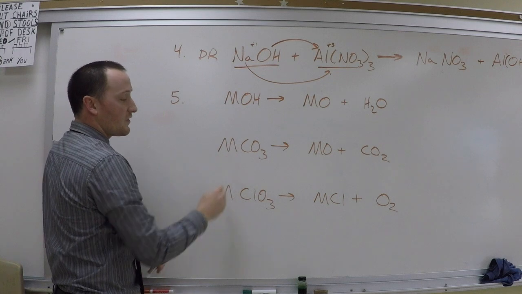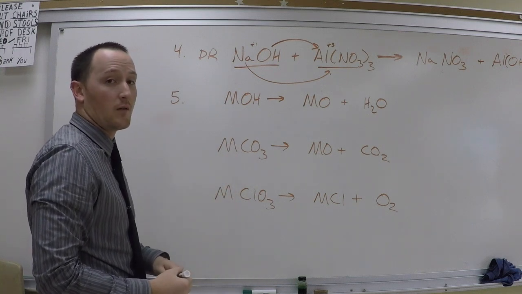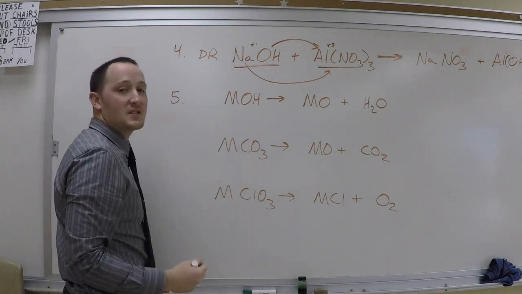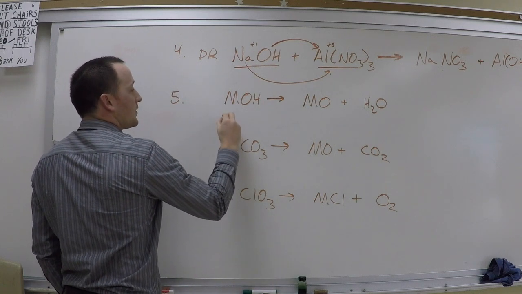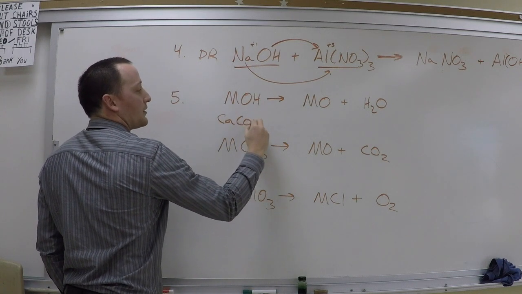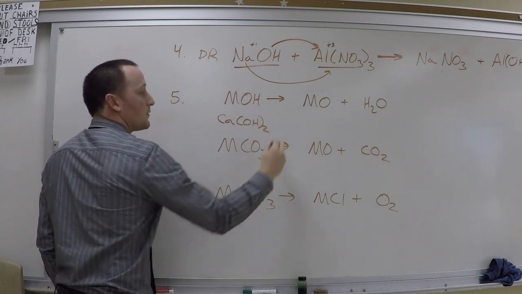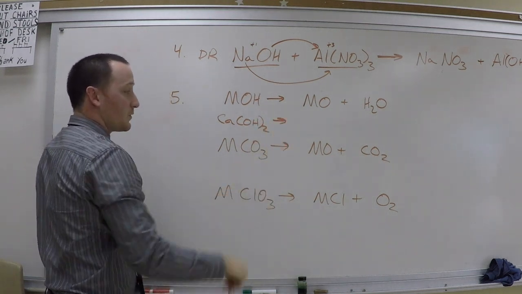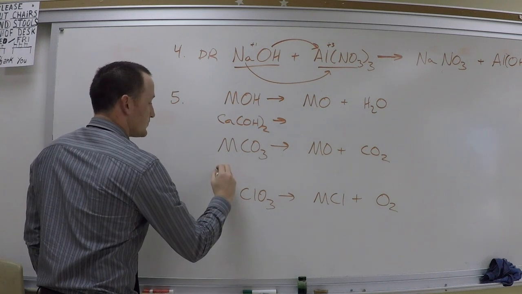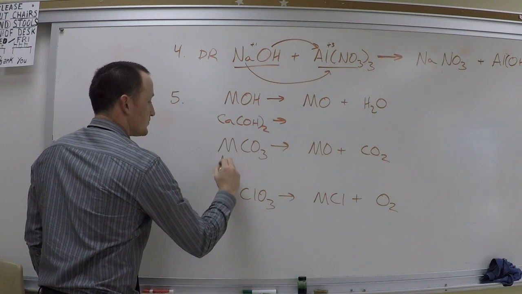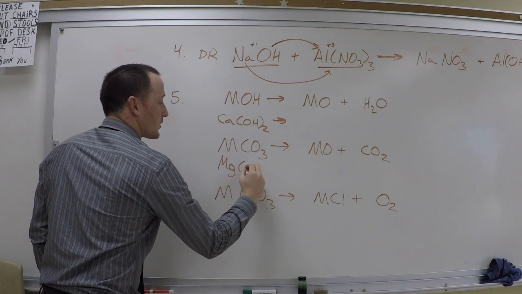And in these cases, an M just stands for a metal. So, for instance, this could be something like, let's say, calcium hydroxide. This one, let's say, is magnesium carbonate.